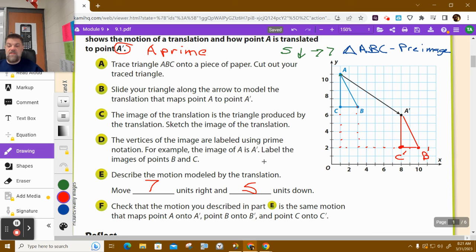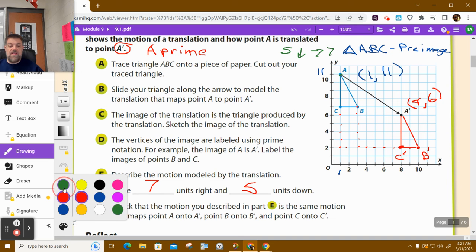Now, I'm just going to give you a little bit of a precursor of what that means. What is this point right here for point A? 1, 11, right? 1, 11, because this is 1, and way up here is 11. What do you think A prime is? Yeah, it's 8, 6.